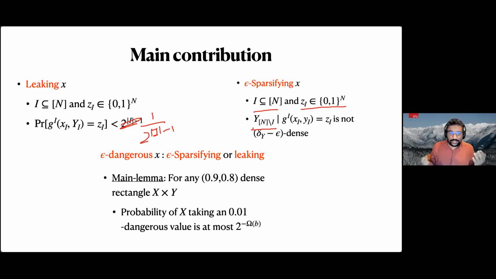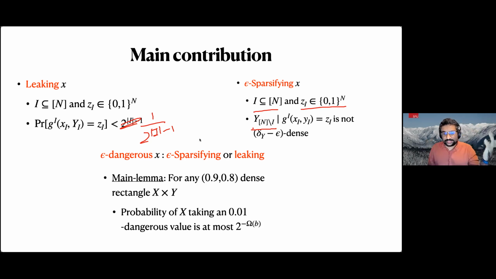So for index, an X is dangerous if it's leaking; sparsifying doesn't matter. For inner product, we need to avoid inputs X, or in particular the heavy values that come from these X's, which are dangerous. An X is epsilon dangerous either if it's epsilon sparsifying or it's leaking.